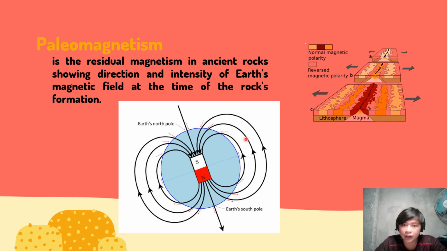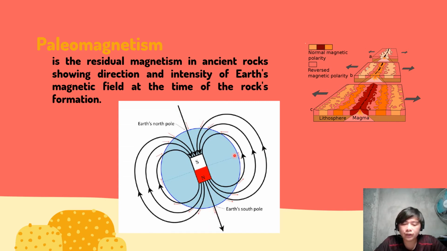As you can see, the arrow is upward, and out in the southern hemisphere. Out, in, out, in. At the north and south poles, the force is vertical. As you can see, the red arrows there.